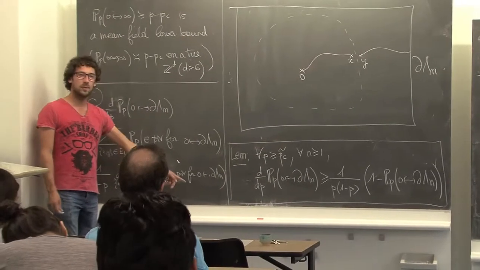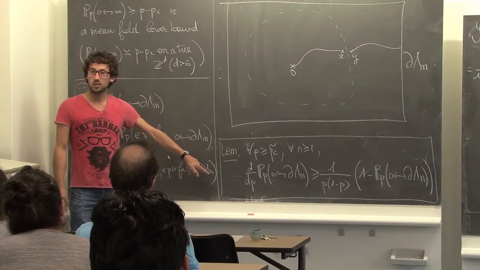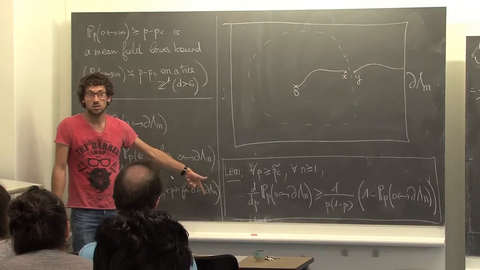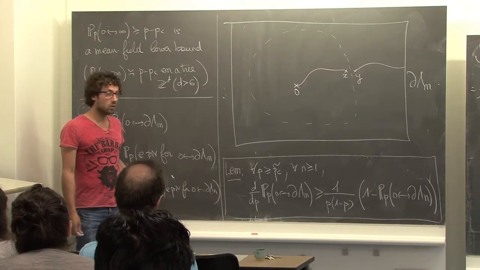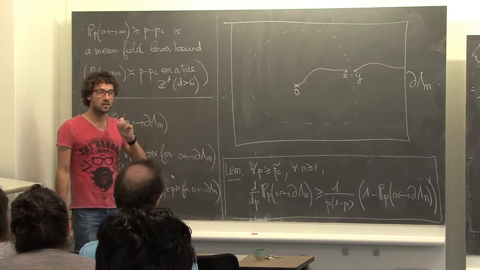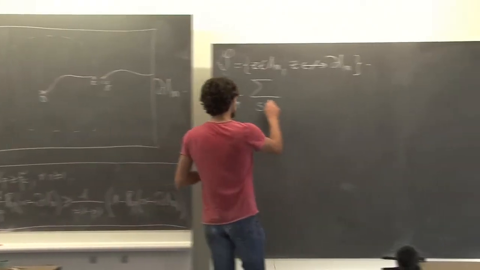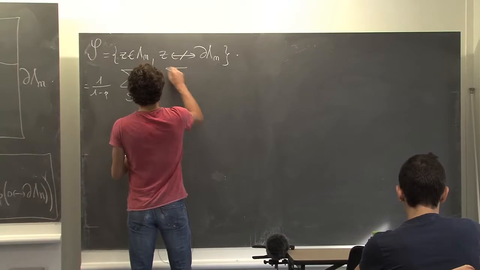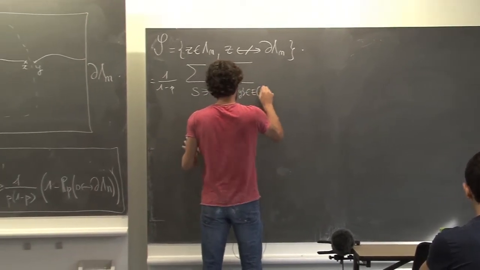And notice that here I said E is closed and E is pivotal. So what can I say about the event that 0 is connected to the boundary? It doesn't occur, right? Because E is closed. So in addition, I can always assume that 0 is in S. This is a small parenthesis, but 0 is in S. And here I write the sum over x and y in the edges of lambda n.